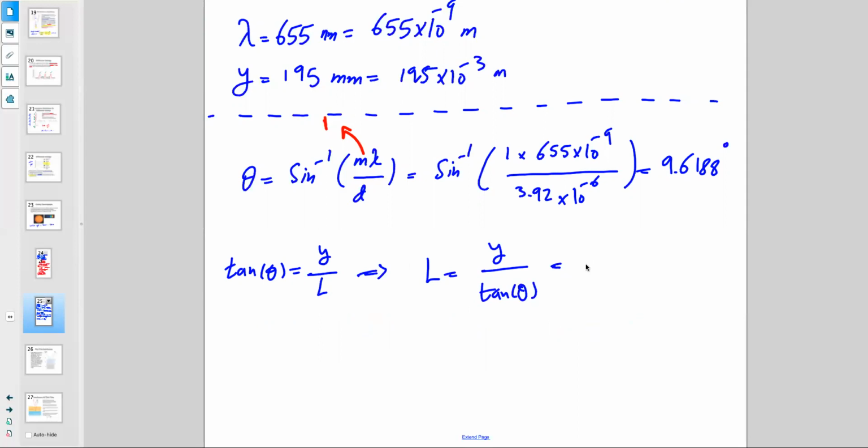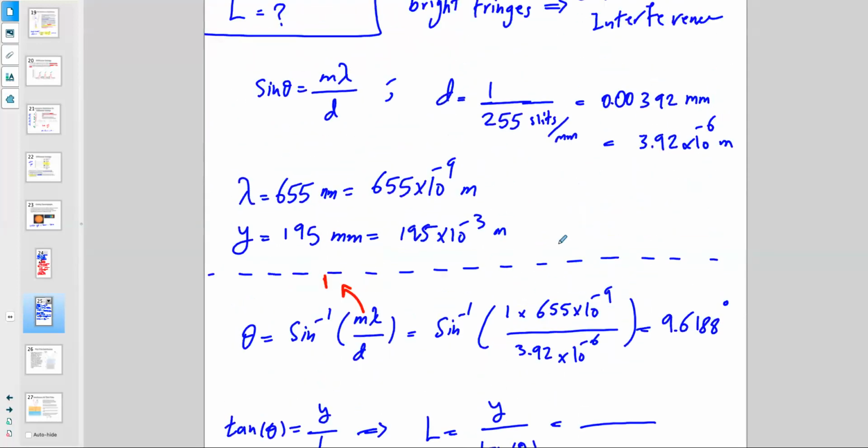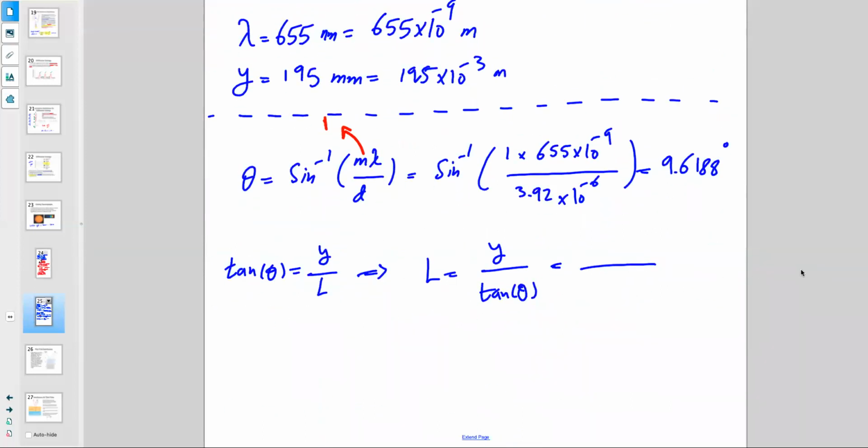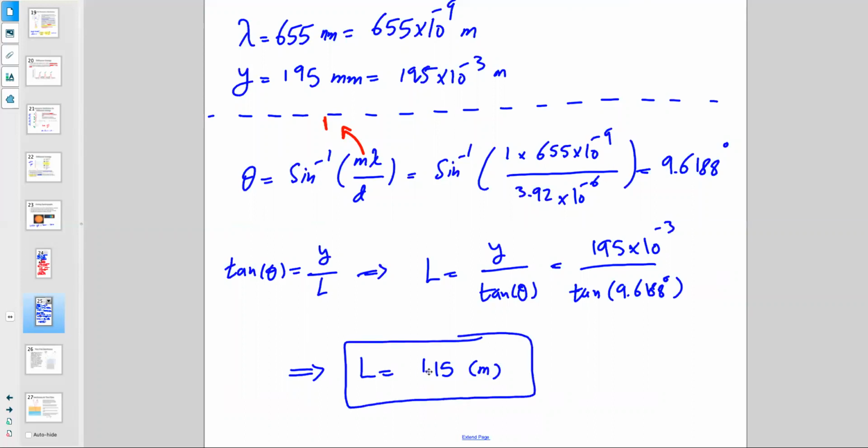And thus, we have y is 195 times 10 to the negative 3, over tan of 9.6188 degrees. So at the end, L is 1.15 meters away. 1 meter and 15, 1.15 meters away.